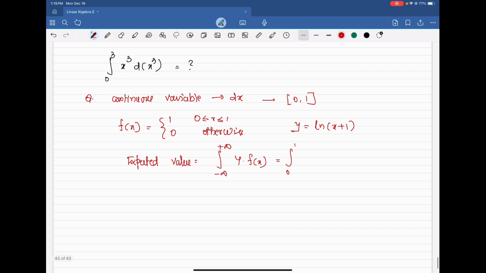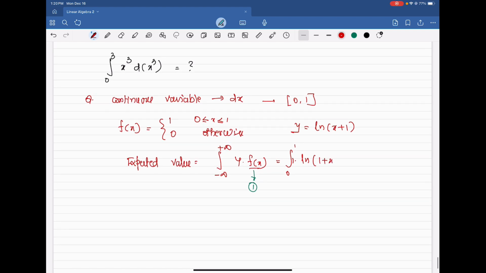The function value for 0 to 1 is 1, and the y value is ln(1 plus x), and simply dx.